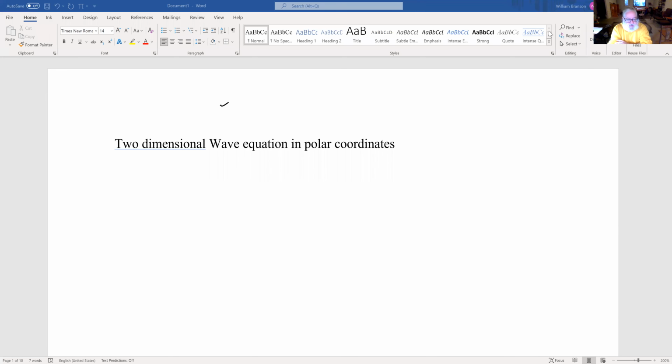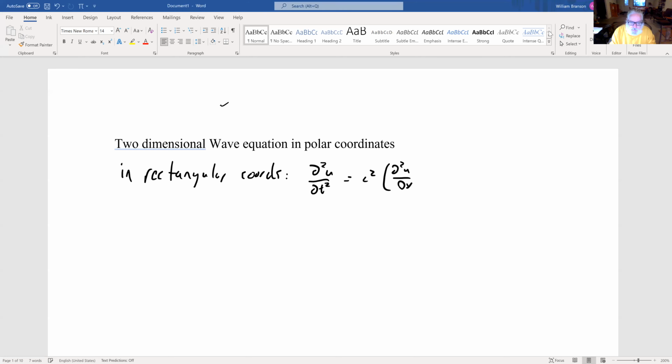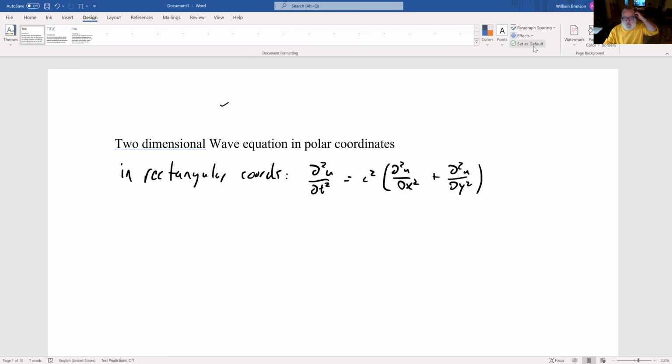Okay, so we're going to look at the two-dimensional wave equation in polar coordinates here. The two-dimensional wave equation in rectangular coordinates, excuse me, is... so that's the two-dimensional wave equation in rectangular coordinates.